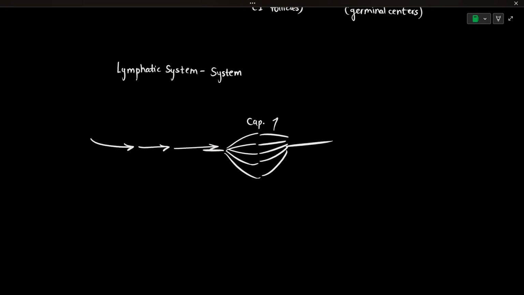During that, almost 20 liters of plasma oozes out through those capillaries every day, and it is taken back in by the capillaries and circulated again through the veins.